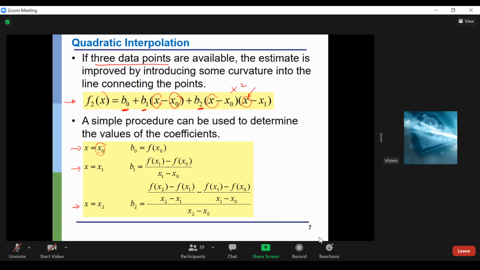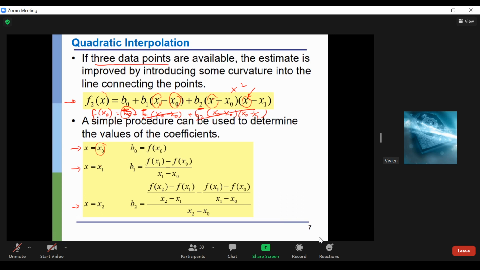If we insert x0, we have f(x0) equals p0 plus p1 times x0 minus x0, which is 0, plus p2 times x0 minus x0 times x0 minus x1. So these terms will be 0, and of course we get p0 equals f(x0).